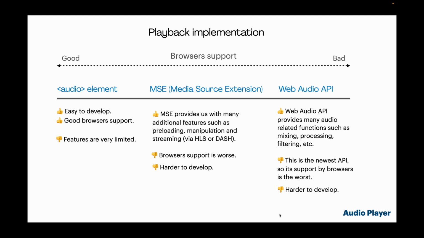And the Web Audio API provides numerous audio-related features like mixing, processing, and filtering, but browser support is worse and it demands a certain level of expertise to work with effectively. As we discussed earlier, we plan to implement all these approaches, but we'll utilize them depending on the client's browser.